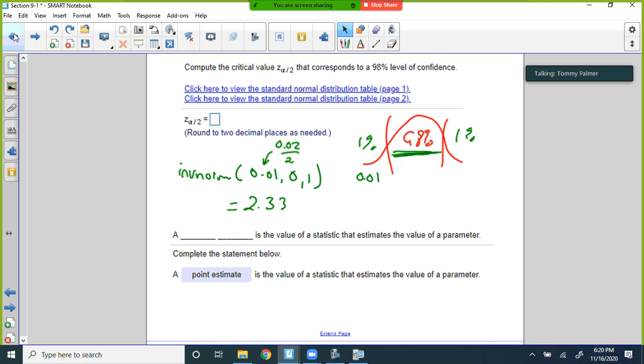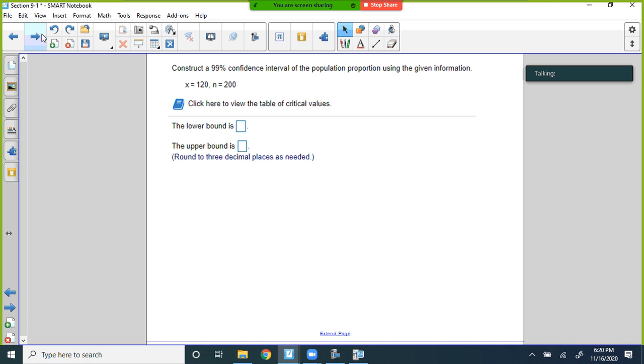All right. Now, construct a 99% confidence interval of the population proportion using the given information. They gave us an X value. They didn't give us a mean, did they? So what do we have to do?